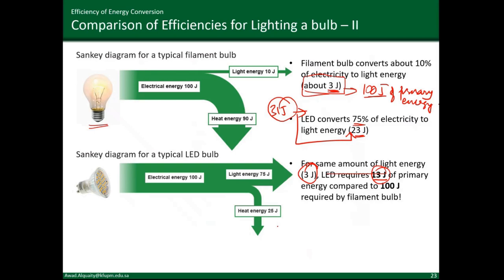So just by changing a bulb from an incandescent bulb to an LED bulb, you're reducing energy consumption by 87 joules, which is absolutely a huge amount. And this is a really small change.